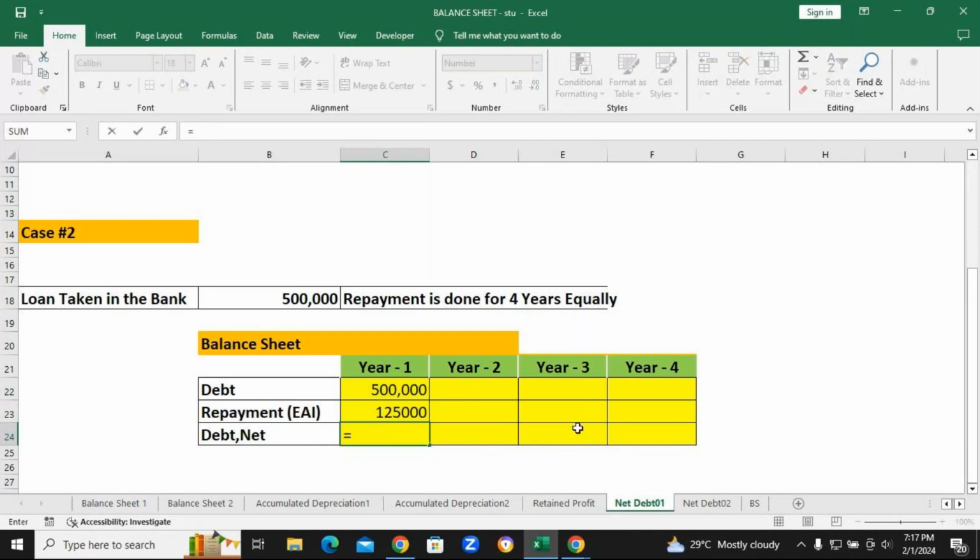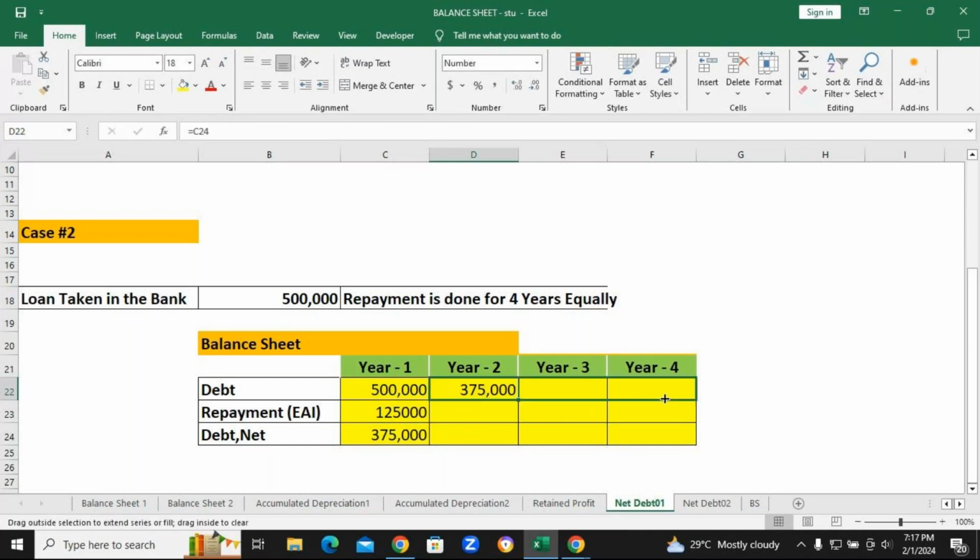So the debt balance will be 5 lakh minus the EAI. Next year the debt amount will be the first year's closing amount, which will be my opening balance. I'll come here and drag it.